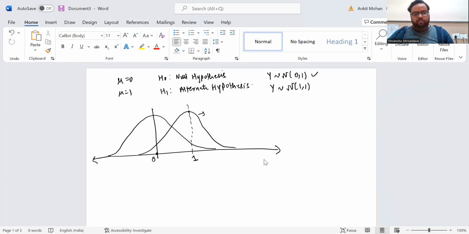Now, our aim is to decide between these two probability density functions.